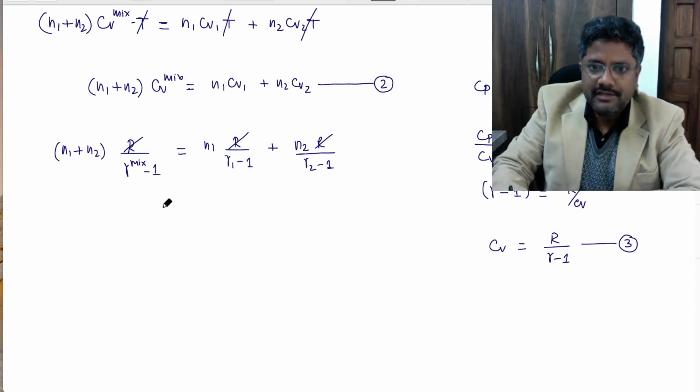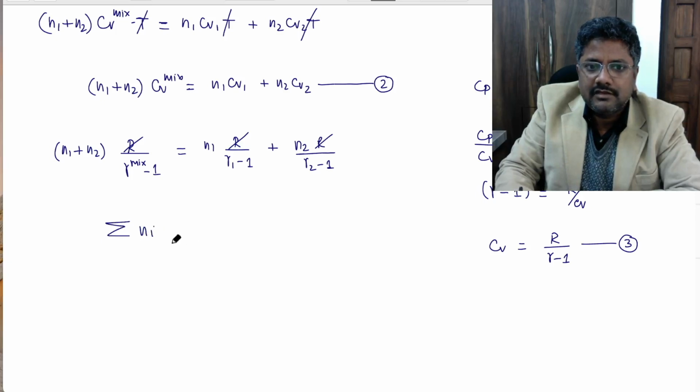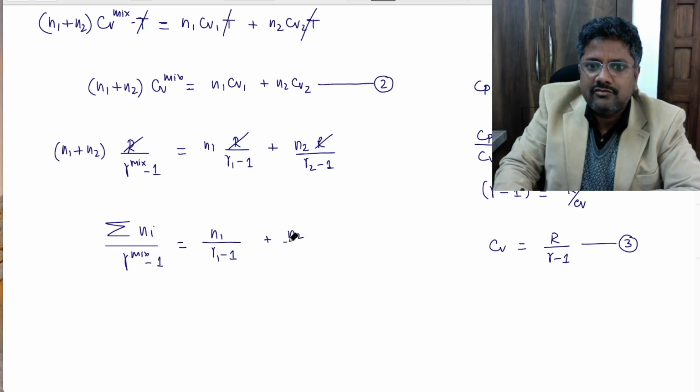So you can write here sigma Ni by gamma mixture minus 1 is equal to N1 by gamma 1 minus 1 plus N2 by gamma 2 minus 1.